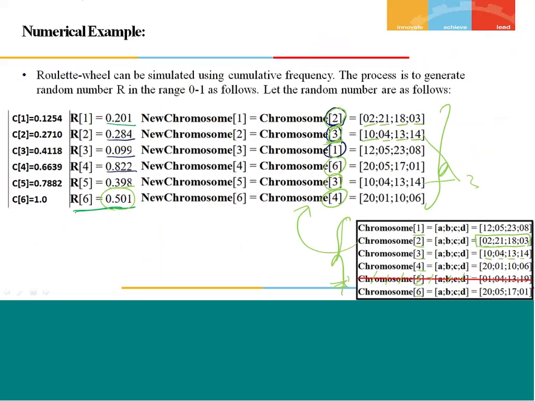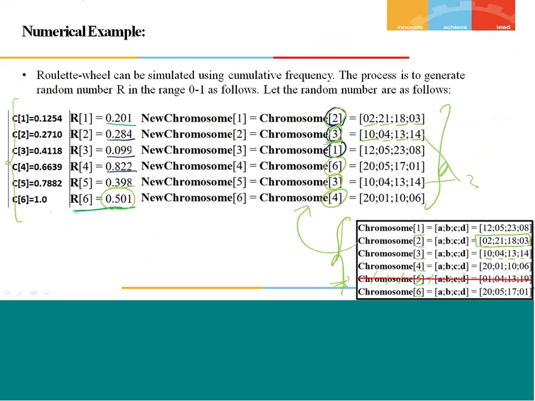How to do it in computer? That's why we calculated this cumulative distribution thing. Okay. So are we re-baselining our chromosomes? I don't understand what you mean by re-baselining. Can you simplify it?